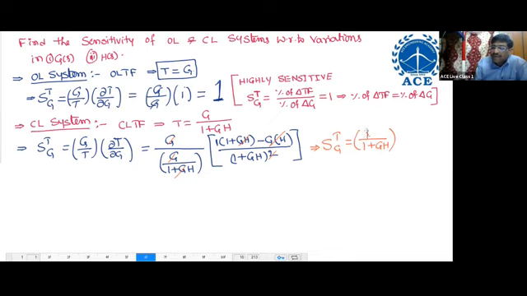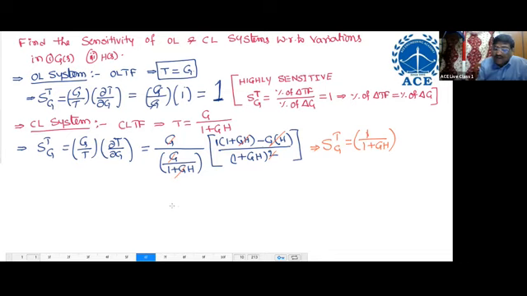That means the open loop system sensitivity is 1, but the closed loop system sensitivity with respect to G is 1 by 1 plus GH. So the sensitivity is reduced by the factor of 1 plus GH as compared to the open loop system. So with feedback, sensitivity is reduced by the factor of 1 plus GH.